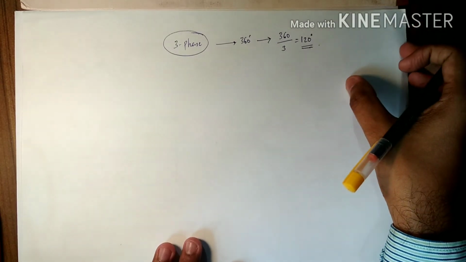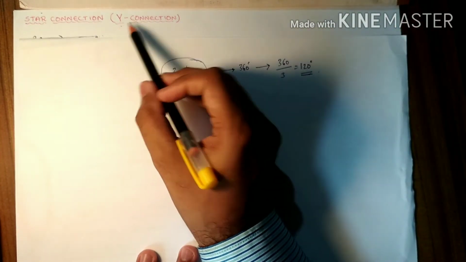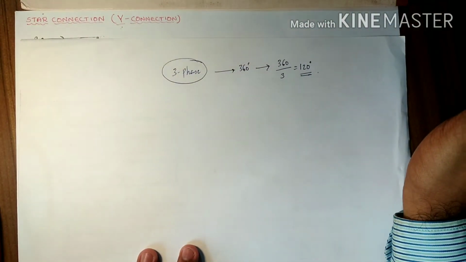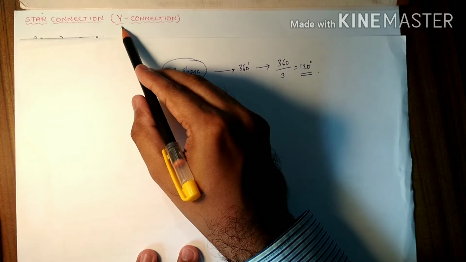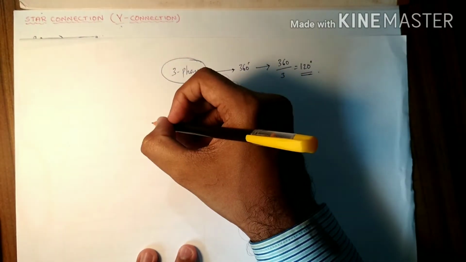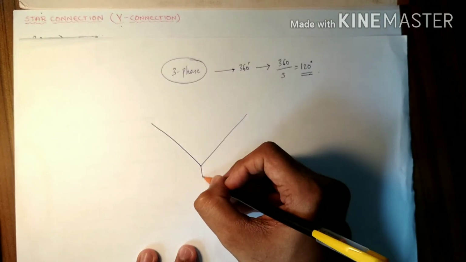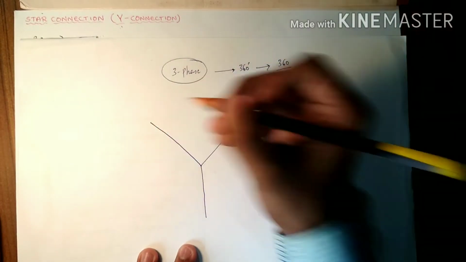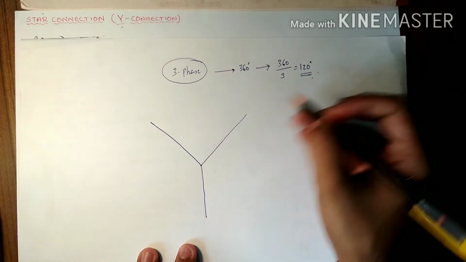So now you already know that the star connection is also called as Y connection. So I always give a trick to remember this. So star connection is Y connection. While drawing the phasor diagram, draw one Y like this. You must start the phasor like this. You must draw Y. And what is the angle between each?